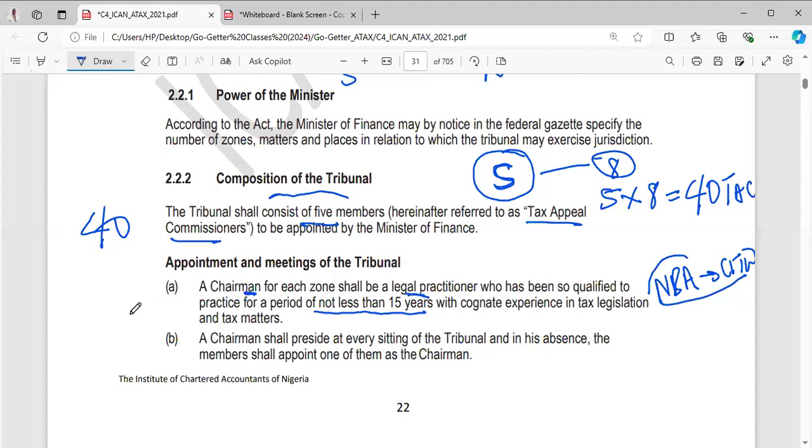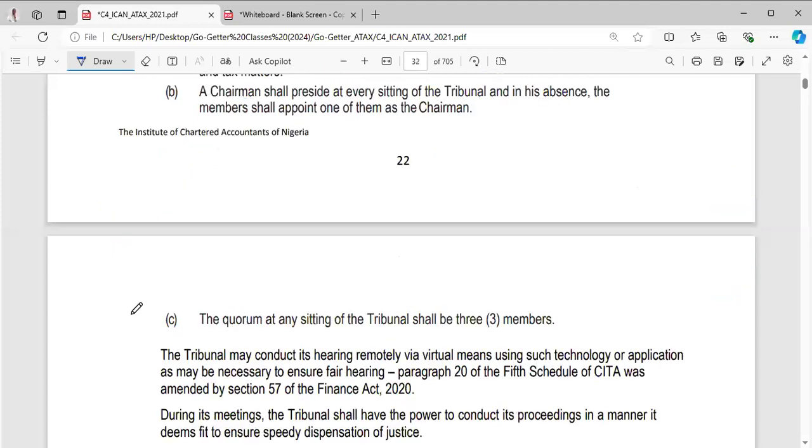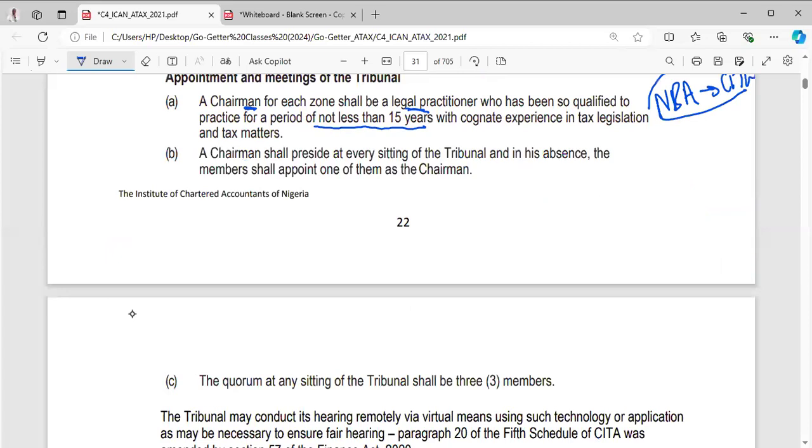The quorum at any sitting is 3. So there are 5 members and the meeting cannot start until there are 3. Now, why 3? Why 5? Of course, there can be 4, but not less than 3. The reason for 3 is that they could take a decision by vote and the majority carries the vote.